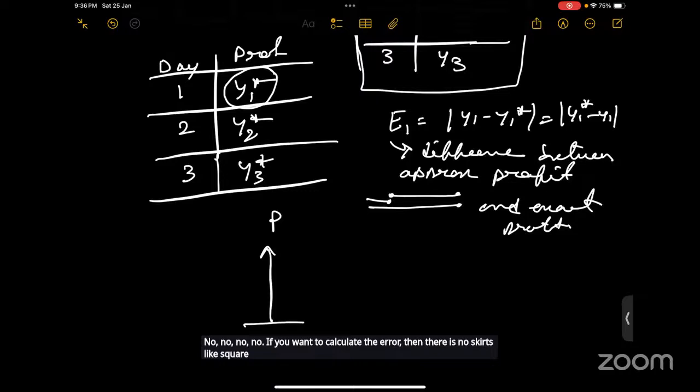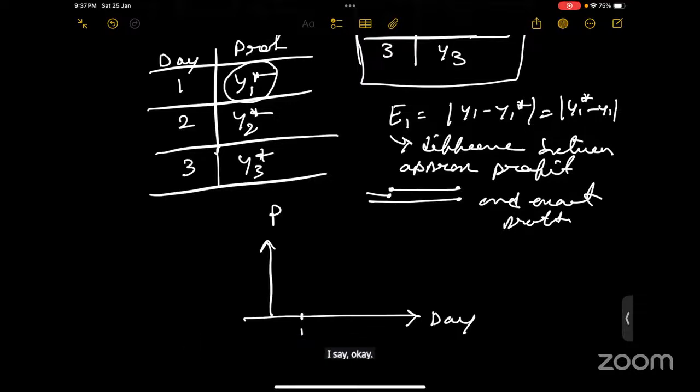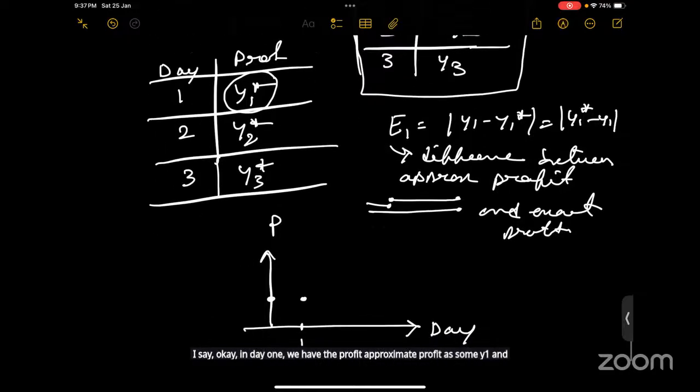So you can observe it from the coordinate system. Suppose your y-axis represents the profit and your x-axis represents the day. On day 1 we have the approximate profit as y1 and the exact profit as y1 star.